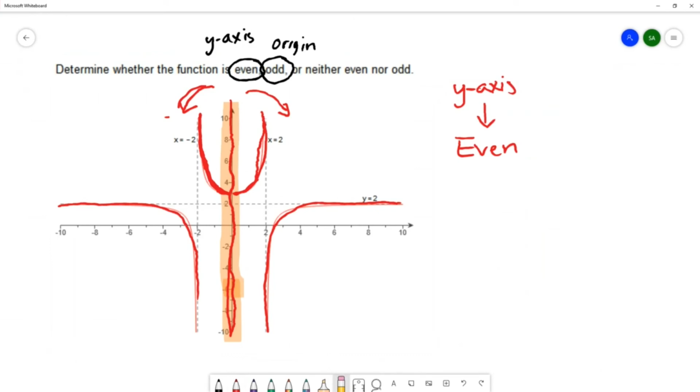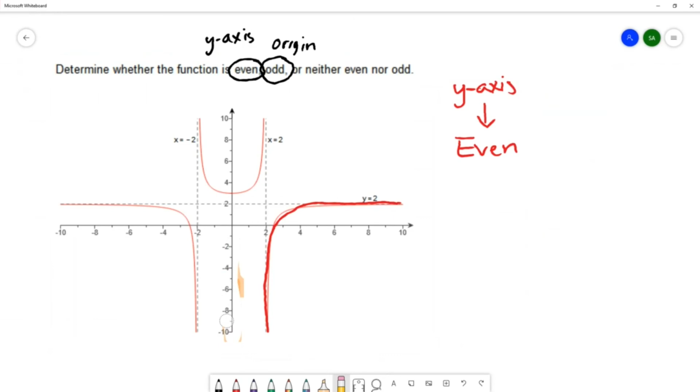Now you can't have a function that is both even and odd. So I know this is not going to be odd, but I think it's a good time to describe origin symmetry. So when a function has origin symmetry, let's start by marking where the origin is.